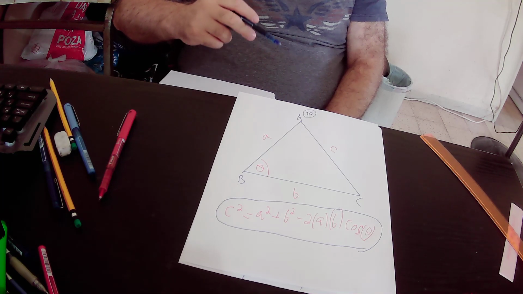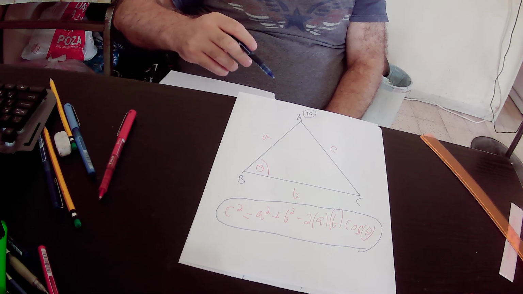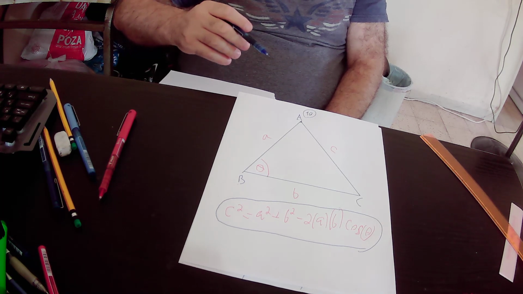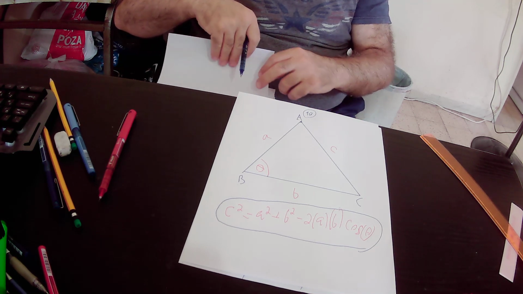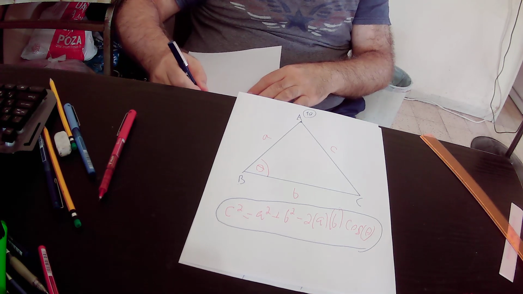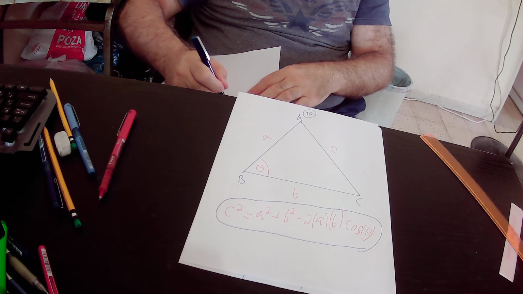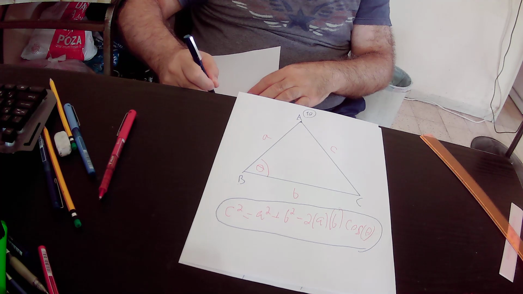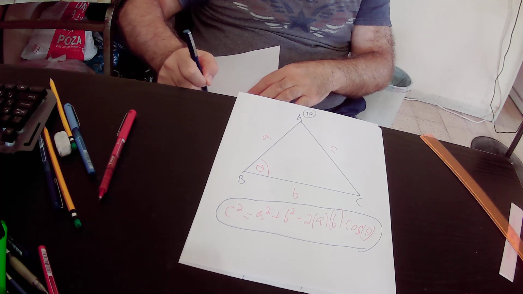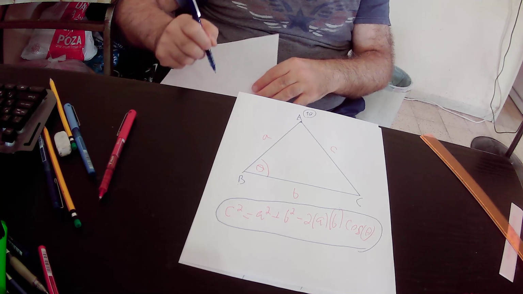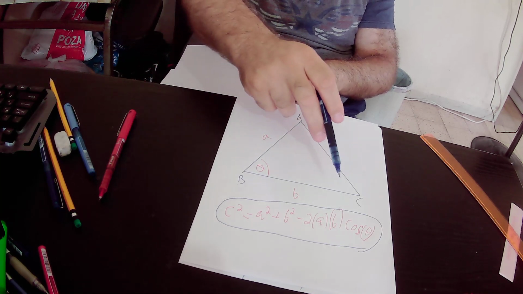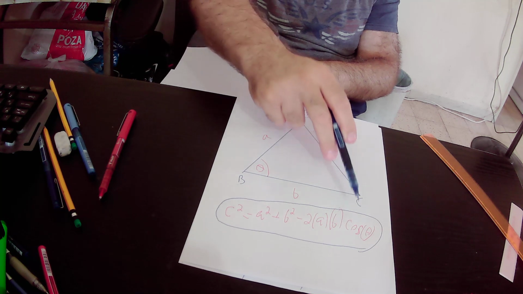So we actually can implement the law of cosines in our triangle ABC, because we know that in our triangle A equals 13 units, B equals 15 units, and C equals 14 units, and the only missing variable here is cosinus theta.